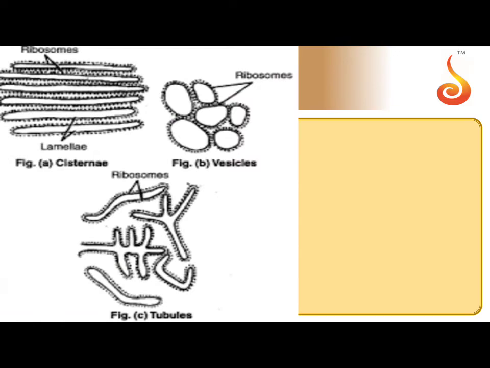This is a picture of the vesicles, tubules and cisternae, where you can see lamellae. Okay, the first one is vesicle. Where do I come across a structure called a vesicle in a prokaryotic cell or a eukaryotic cell?